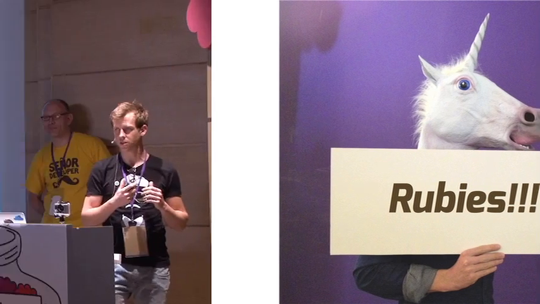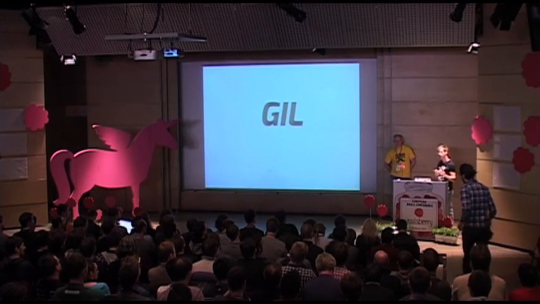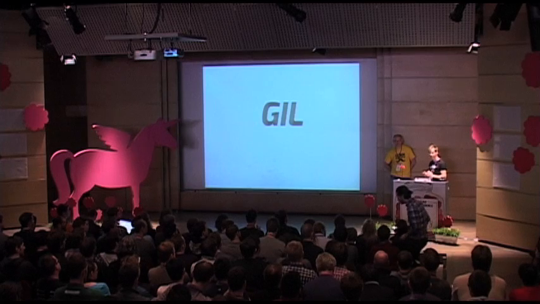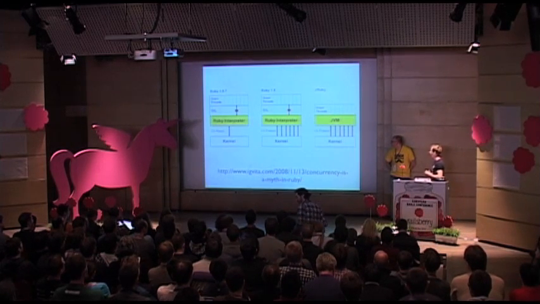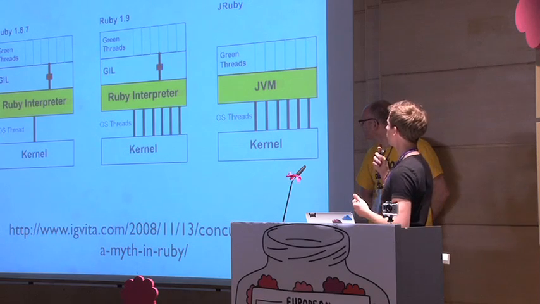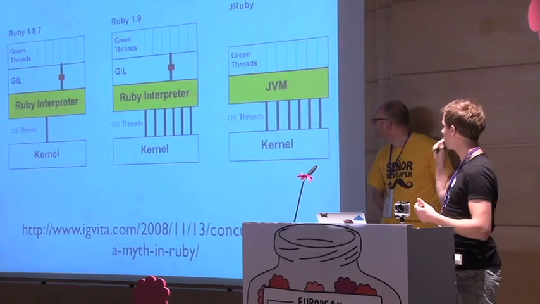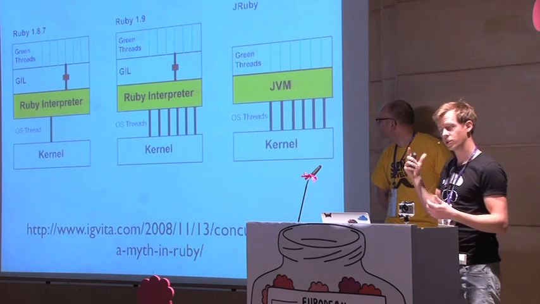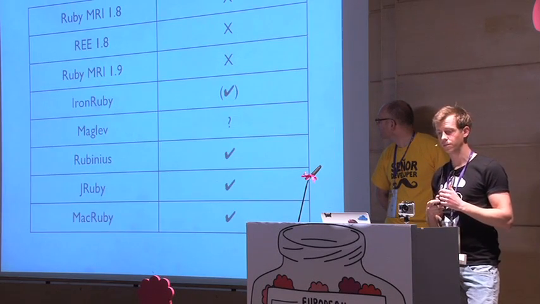One thing you need to look at is the global interpreter lock. That gives you a good hint whether your Ruby is good for what we want to do today or not. And I shamelessly stole this graph from a blog. So this quickly tells you, all right, MRI is out of the picture for what we want to do today, but there is JRuby, which works because it runs on a JVM. There are other Rubies, however.